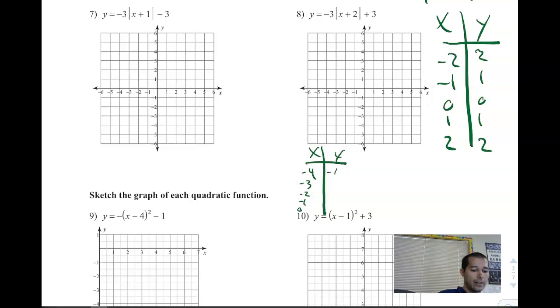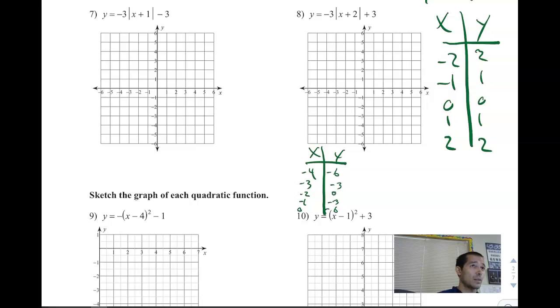So I have to do negative 3 for all of them, right? So negative 6, negative 3, 0, negative 3, and negative 6, okay? And then the last step is to add 3 to all the y values, okay?